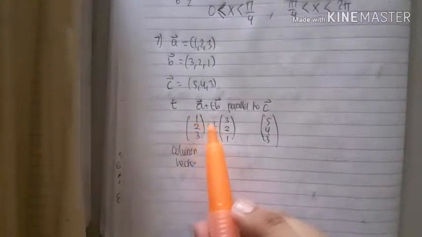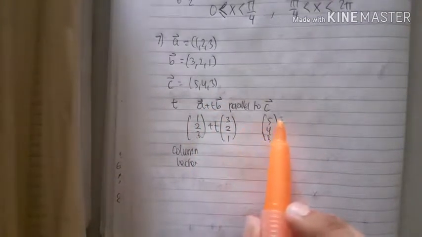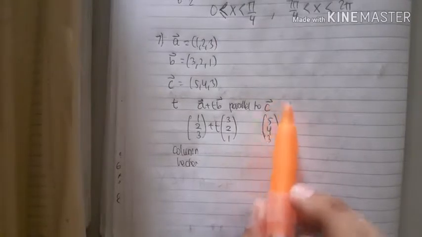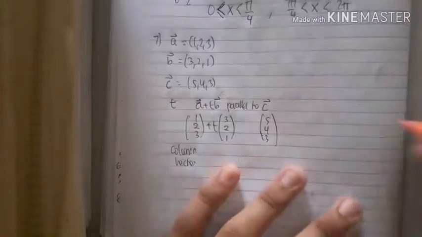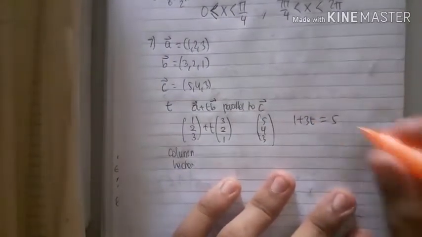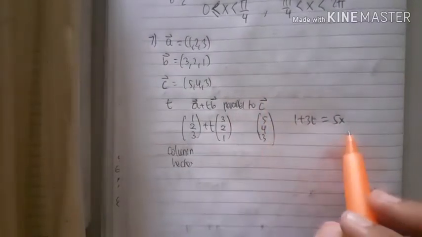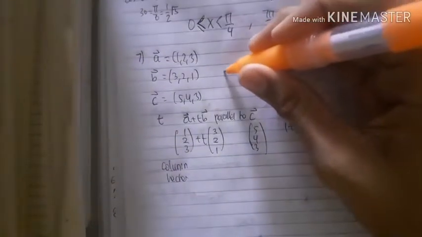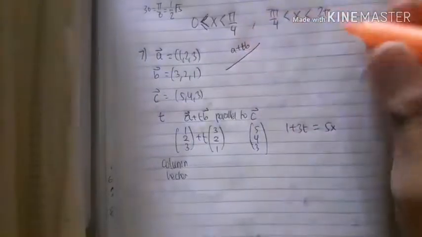Now the x coordinate of one vector must be equal to the x coordinate in another vector, so that the two vectors are parallel. So 1 plus 3t equals 5x, because when you have a parallel line, for example, let's say this is A plus tB, right?